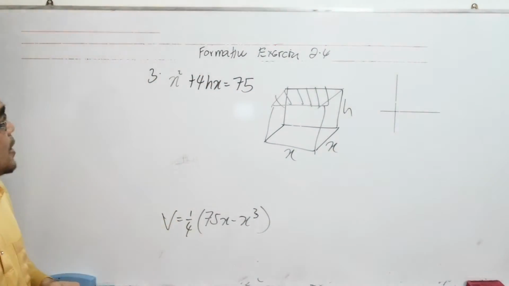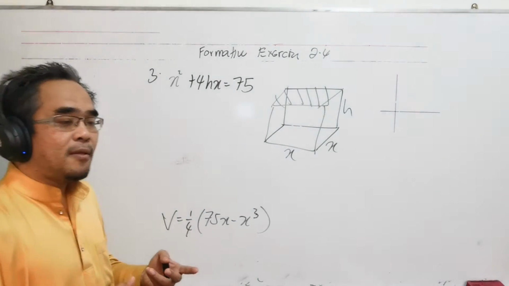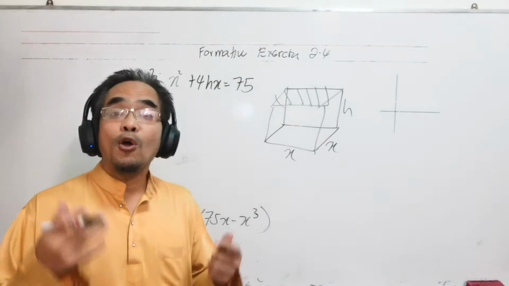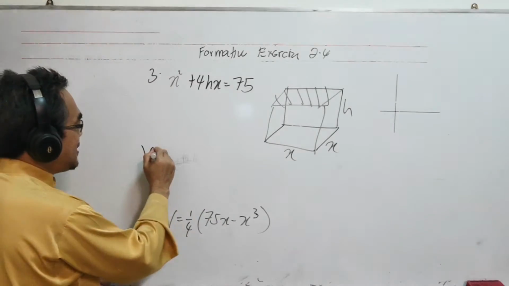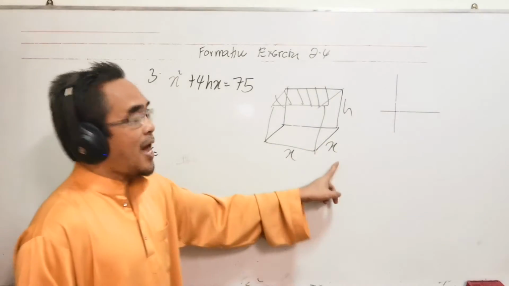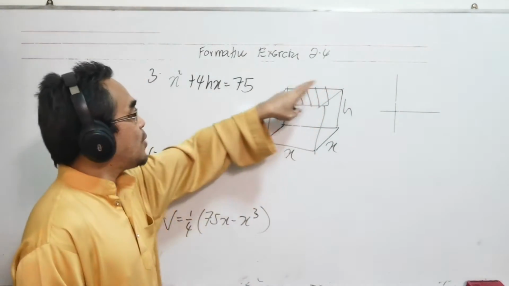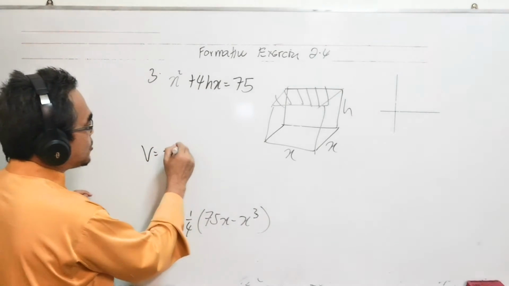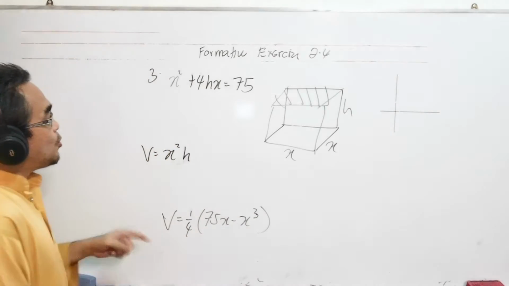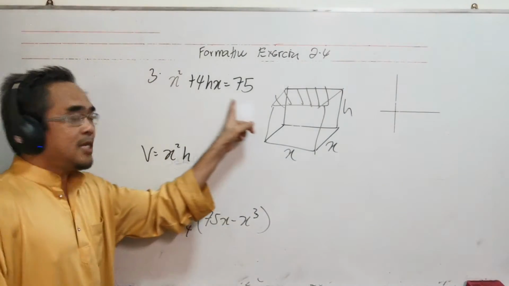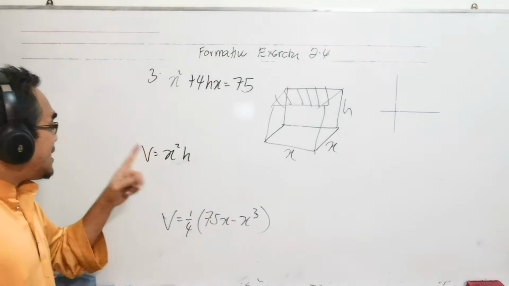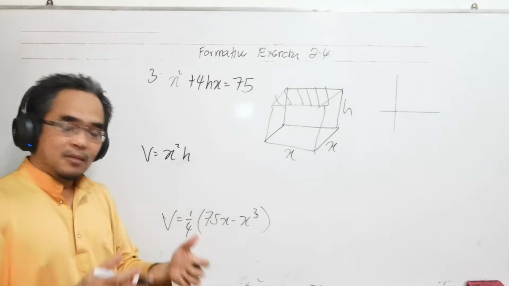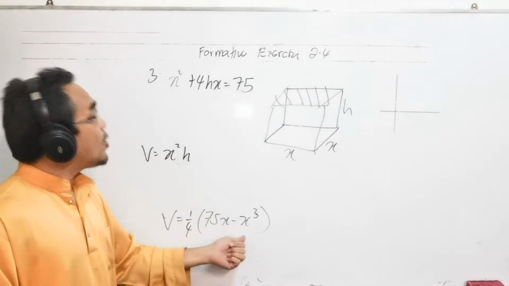Then you have to know that there is another statement that says show that the volume. The volume is x times x times h, regardless of whether it's an open or closed box, so it's still x squared times h. What we have to do is substitute the equation into the volume, and looking at the given statement, there is no h there.